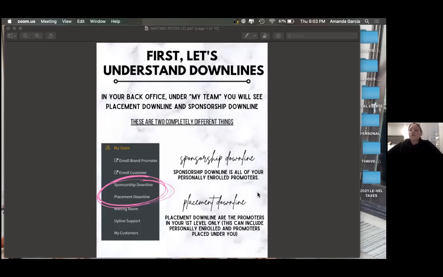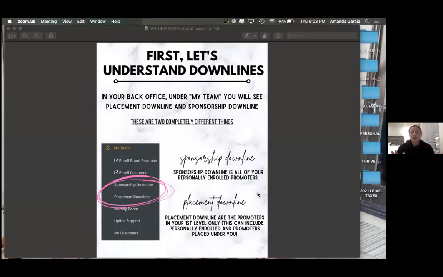But if you go to your placement downline, this can be inclusive of not only your personally enrolled, but people that are placed underneath you in your top line. When I say top line, that means the first level of your unilevels. So your level 1 will have your placement, meaning anyone personally enrolled that you decided not to move from your first level, or say Delaney placed someone underneath me on my top line, that would be considered my placement downline.